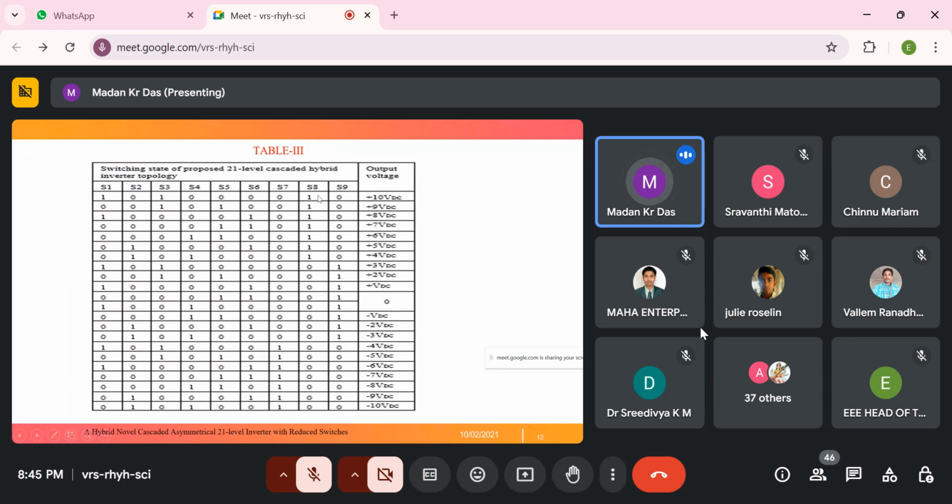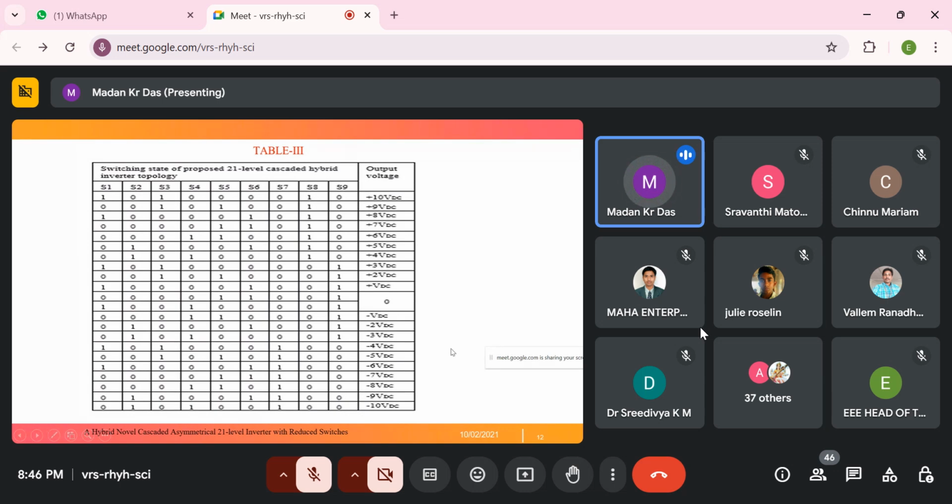To generate the 21 levels: mode 1 is positive 10 VDC, mode 2 is 9 VDC, mode 3 is 8 VDC, mode 4 is 7 VDC, then 6 VDC, 5 VDC, 4 VDC, 3 VDC, 2 VDC, 1 VDC, and a zero mode. Same for the negative: negative 1 VDC down to negative 10 VDC.